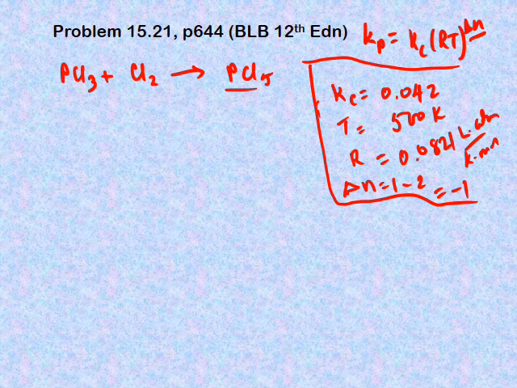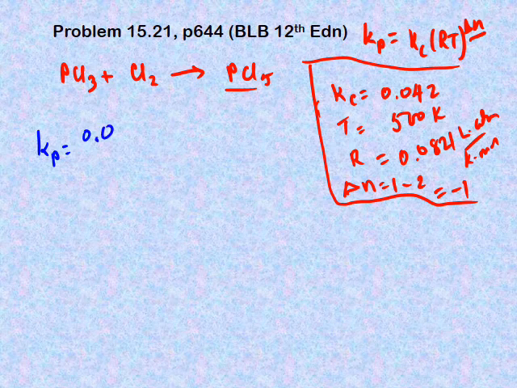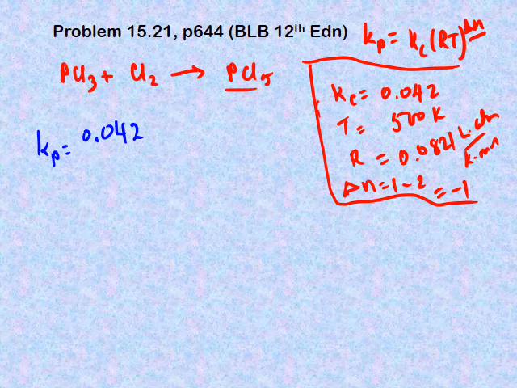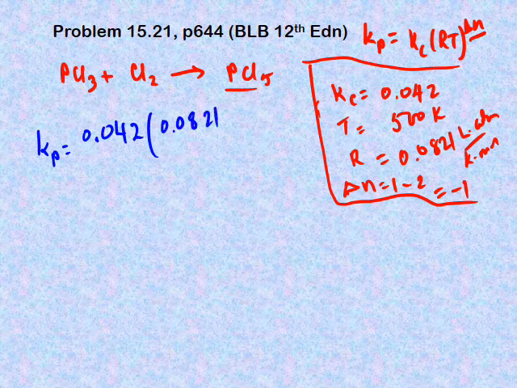So Kp would be given by Kc value we already know, 0.042. Now 0.042 is the Kc value, R is 0.0821, obviously it's the liter atmosphere per degree Kelvin per mole, and temperature is 500 Kelvin.